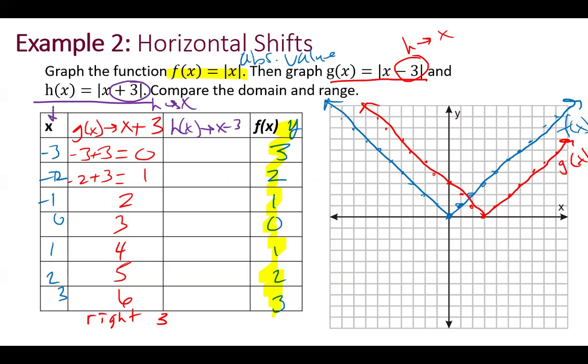So you're going back to the original. And I have -3 minus 3, which puts me at -6. I have -2 minus 3, which puts me at -5. I'm like, oh, it's all decreasing by 1.